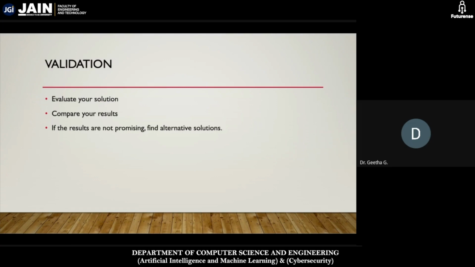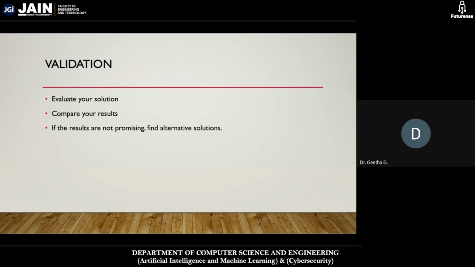So you have to provide data and then you get the result. Once you get the result, the next step is comparing your results. How will you compare your results? Somebody would have already experimented that. Somebody might have got the result. So compare the result you are getting with that result. If the results are not promising, then you have to find alternative solutions.